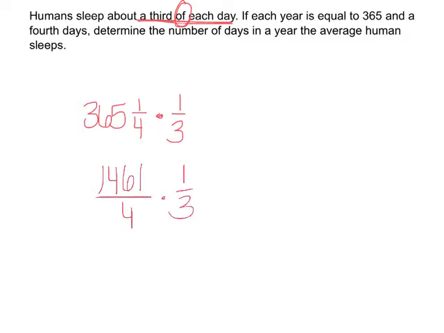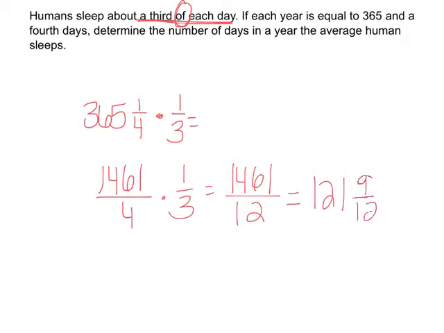I'm going to multiply that by 1/3, and I'll get 1,461 divided by 12, which is going to equal 121 and 9/12, which will simplify to 121 and 3/4. So a human sleeps on average 121 and 3/4 days.